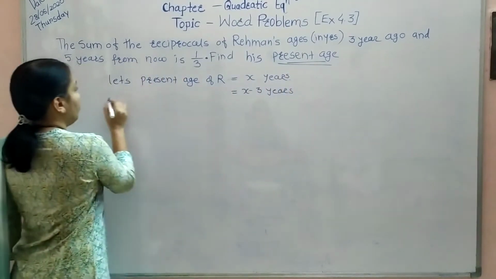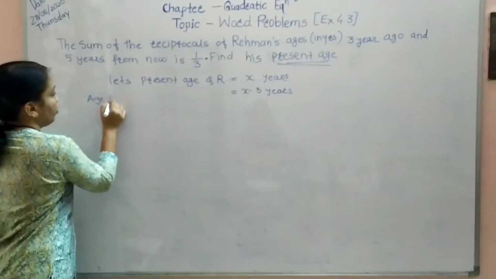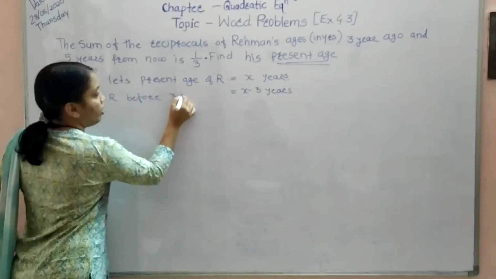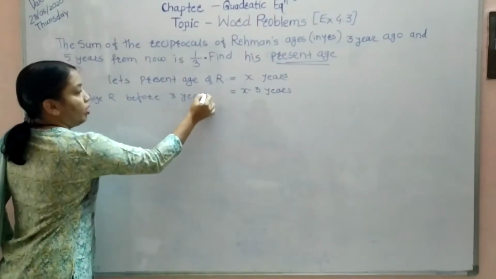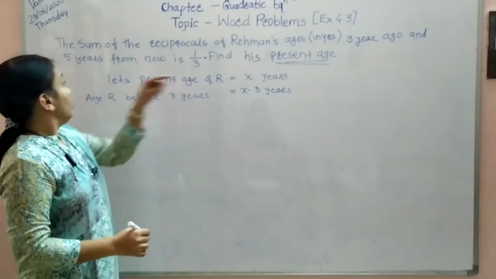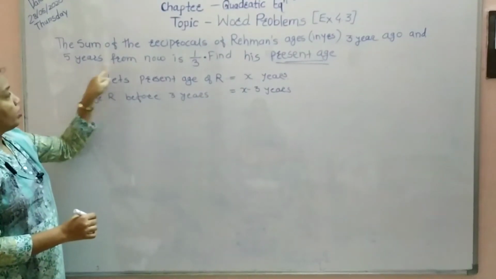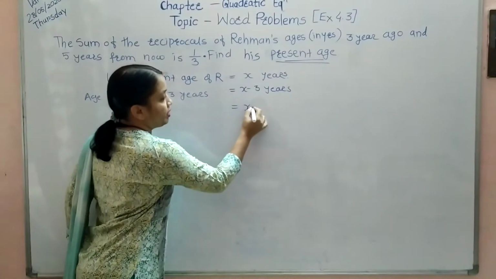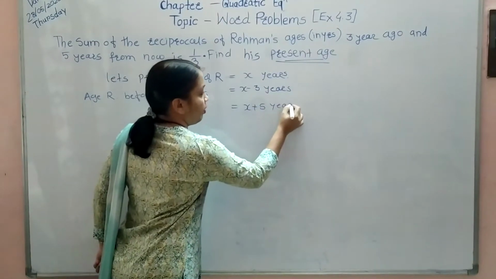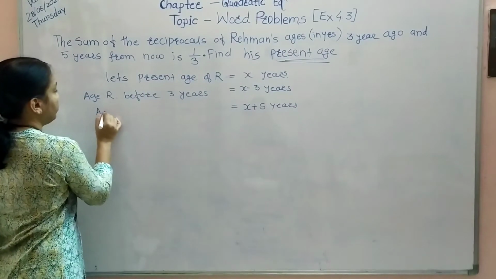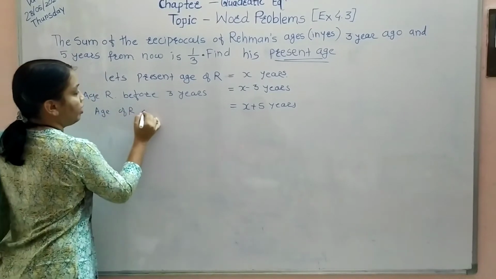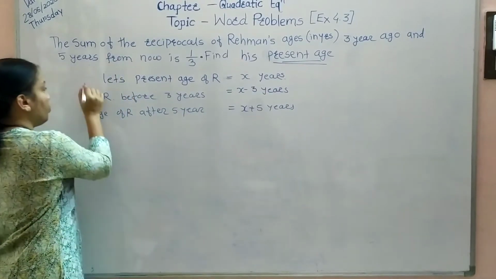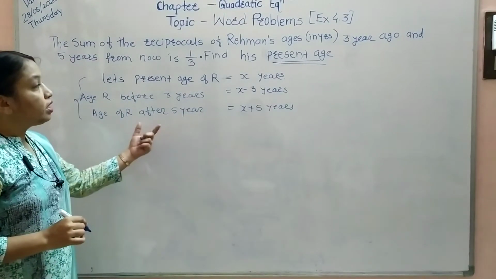And the age of Rahman after 5 years: 5 years from now means 5 will be added to the present age, so it is x plus 5 years.